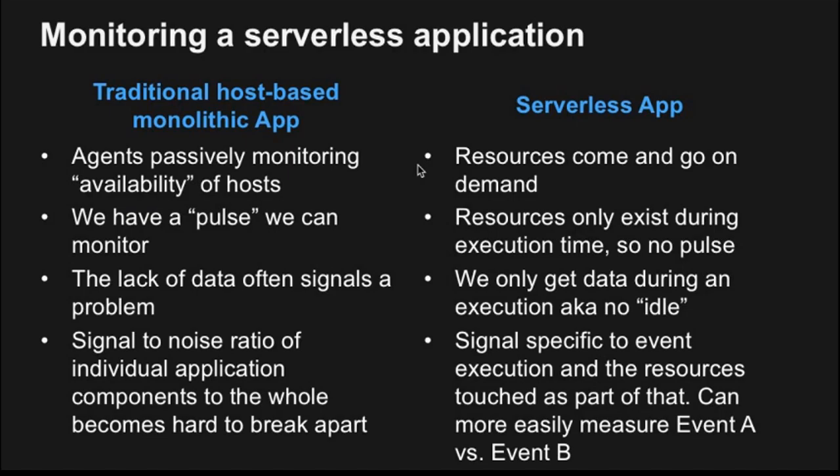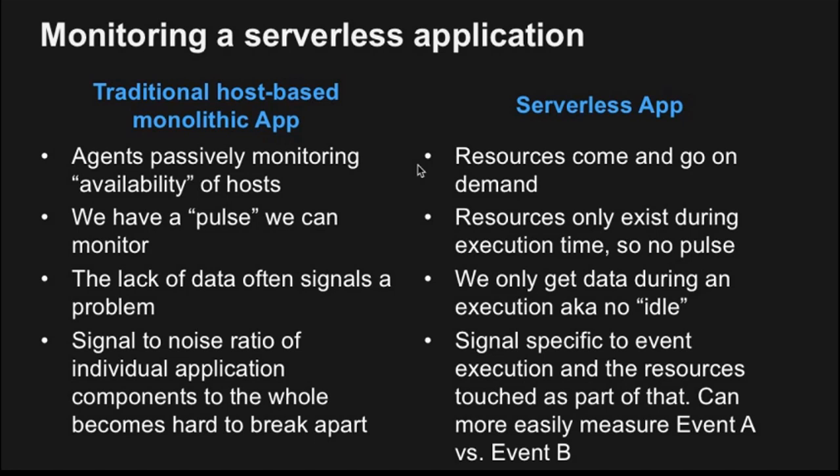So let's start with comparing the differences between a traditional host-based application and a serverless application. In a traditional application, typically there are agents in the host monitoring and sending data. It can be a challenge to separate the signal from the noise of an actual application component versus the whole. On the other hand, in a serverless application, the infrastructure resources are not persistent. They come and go on demand.